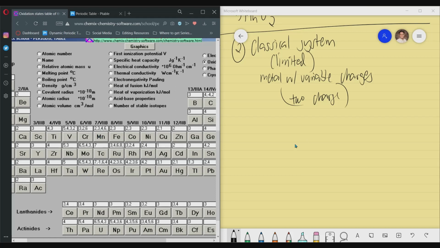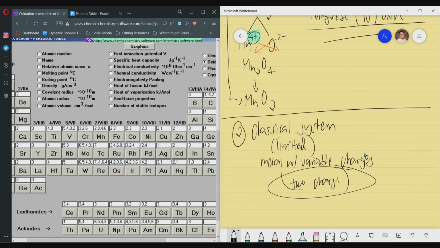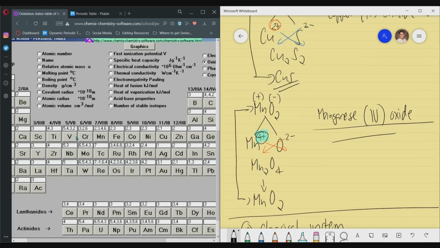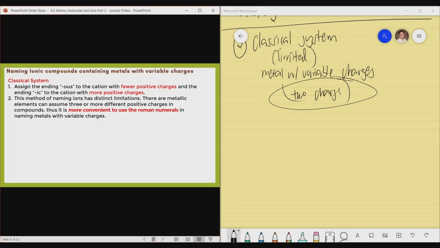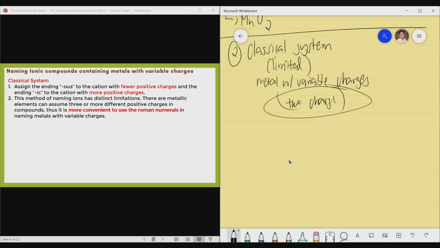Remember, si classical, maganda lang siya gamitin kung si metal ay mayroong dalawang charge lang. Si manganese, 4. Tulad din ni chromium, 3. Medyo mahirap itong gamitin. Mas maganda sa stock para sa mga metal na 3 o higit pa. Pero either way, if you would be opting to use classical system for metals with 2 charges, pwede din naman. Sige, I hope that is clear.